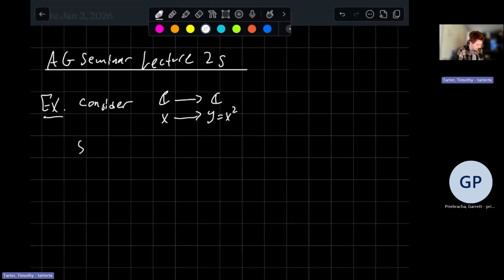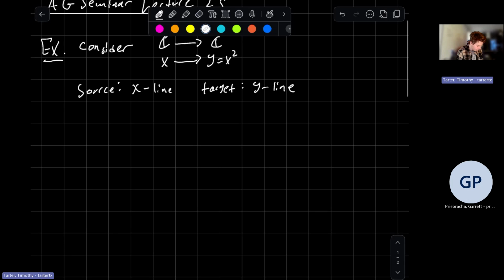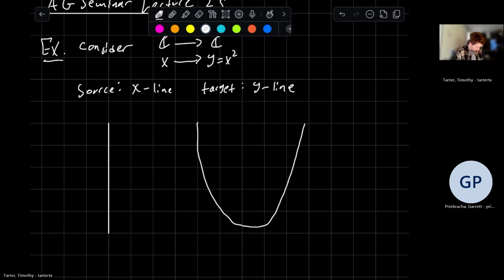So the source of the map is the x-axis, and then the target is the y line, which really we can think of as looking something like this.